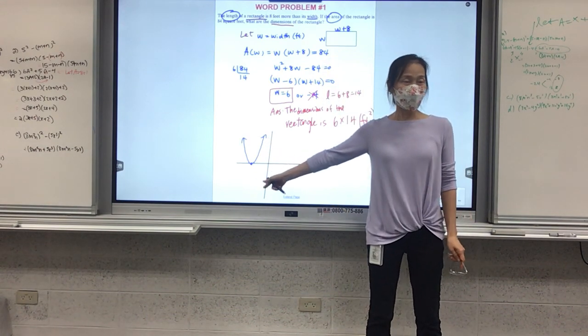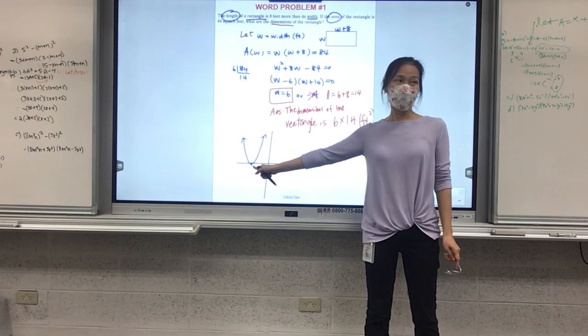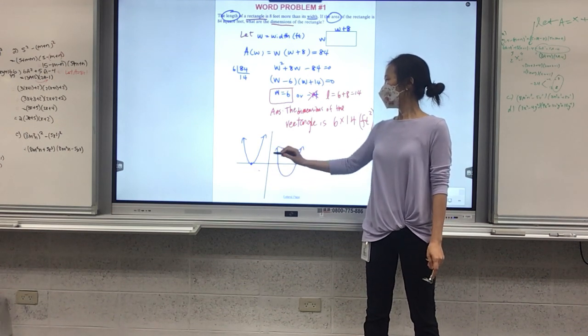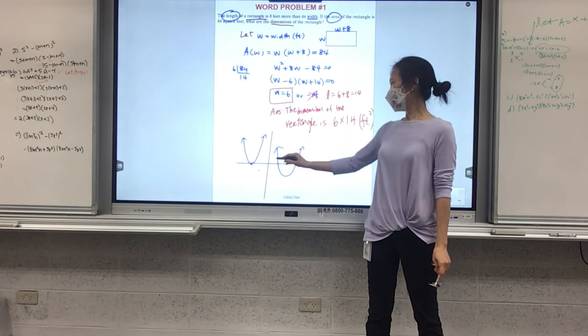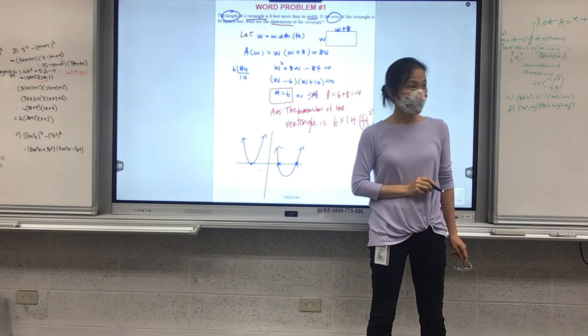In this case, when you solve the quadratic equal to 0, you will only get one solution. If my quadratic is like this, when it equals 0, you see you have two zeros, so you get two solutions.